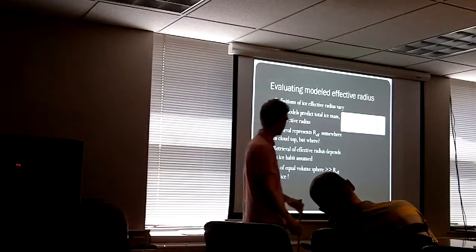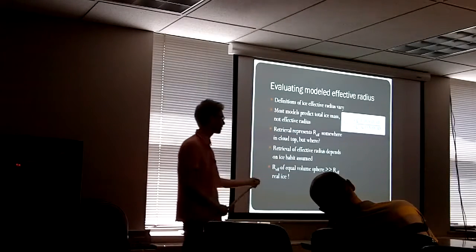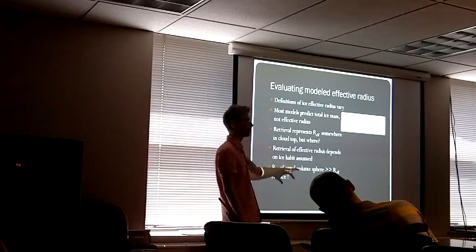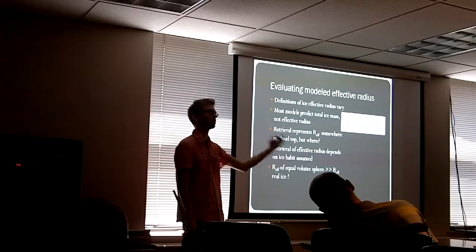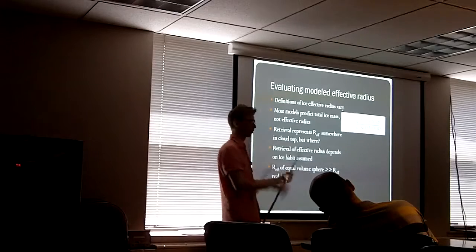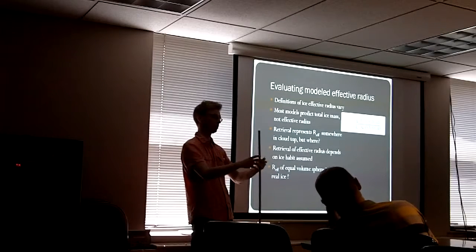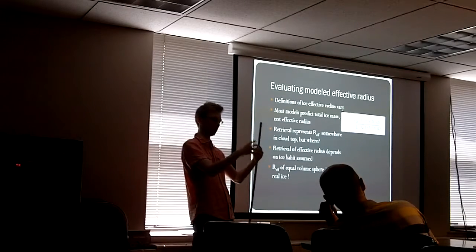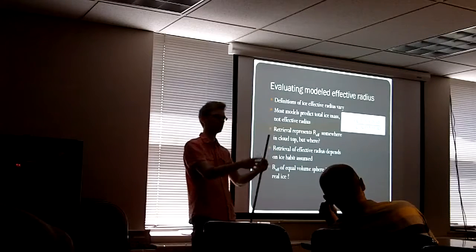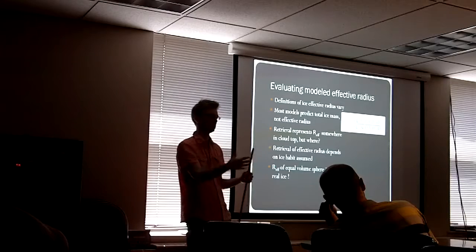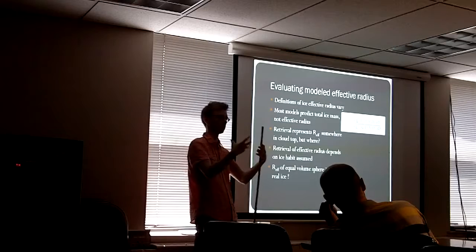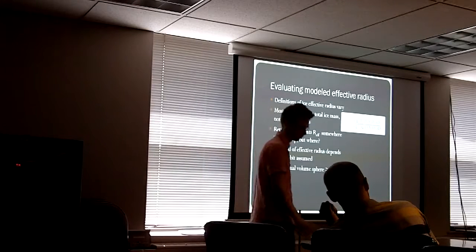And finally, I want to stress that many people use the effective radius of a sphere with the same mass as the effective radius of the ice. But because a sphere has basically the lowest area for a given mass, you end up with a much higher effective radius than you would have if you treat it as a real ice-shaped particle.